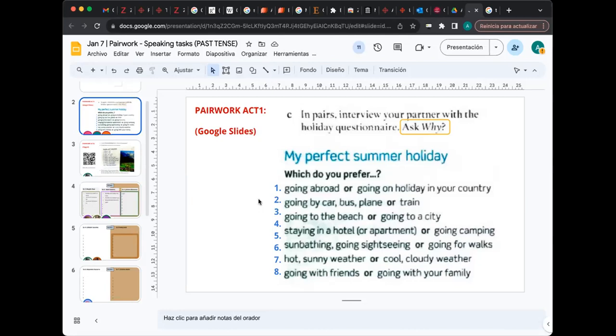Which do you prefer, going abroad or going on holiday in your country? I like my country.